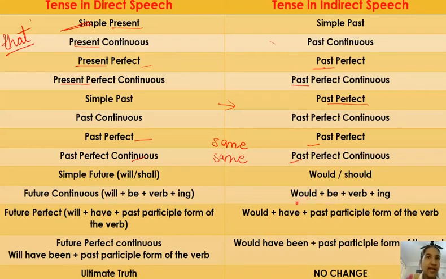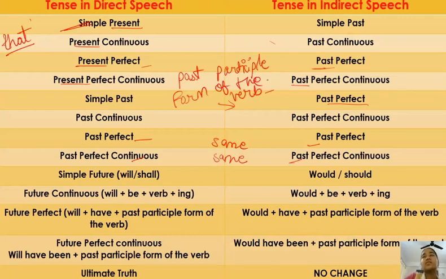You can notice, right? Now future perfect: will plus have plus past participle form of the verb. What do we mean by past participle form of the verb? I have already covered this, but still: go, went, gone.